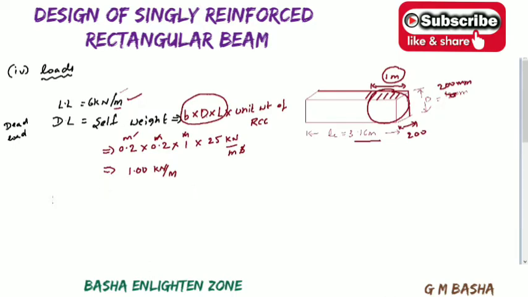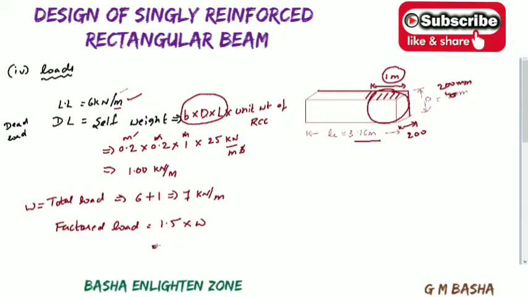Then the total load. If you add the live load and dead load, that is 6 plus 1, that will be equal to 7 kilonewton per meter. Whatever load you get, according to the limit state condition, the factored load will be equal to 1.5 times the load.